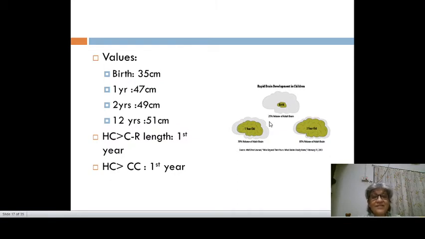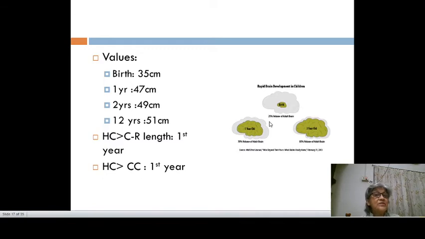Because the head size increases quite prominently in the first 2 years of life because of the quick brain growth, as we have seen earlier. So what is the expected head circumference? At birth, it is 35 centimeter. At 1 year, it increases to 47 centimeter, an increase of 12 centimeter.